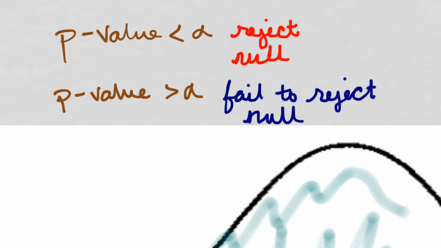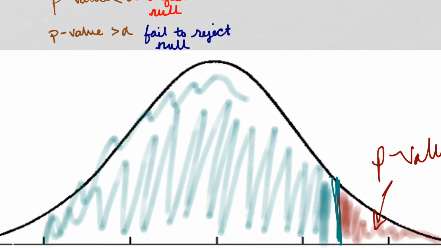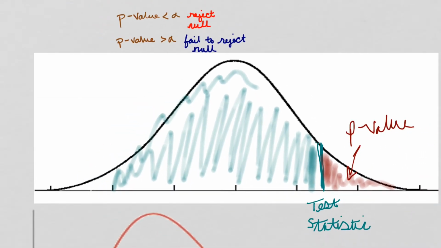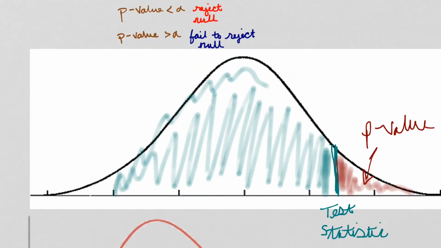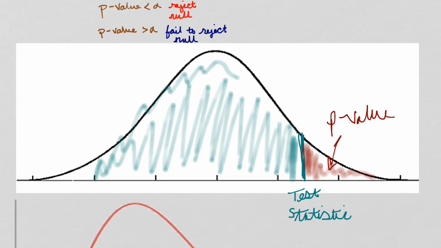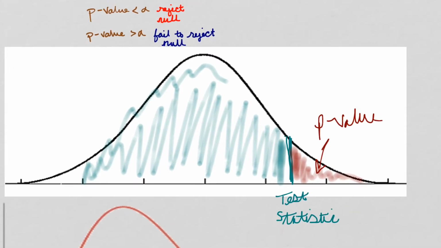Okay, so again, looking at the normal curve, and this is the same idea if it was a chi-squared model, just the curves look different, but it's the same exact idea. If we have our test statistic, this test statistic will give you the area under the curve to the left. We're looking at our p-value.